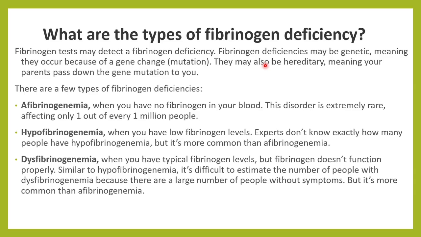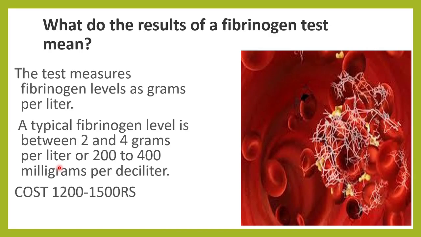So these are the different types of fibrinogen deficiency: afibrinogenemia, hypofibrinogenemia, and dysfibrinogenemia. So what is the normal level of fibrinogen? The normal level would be anything between 2 to 4 grams per liter, or 200 to 400 milligrams per deciliter.